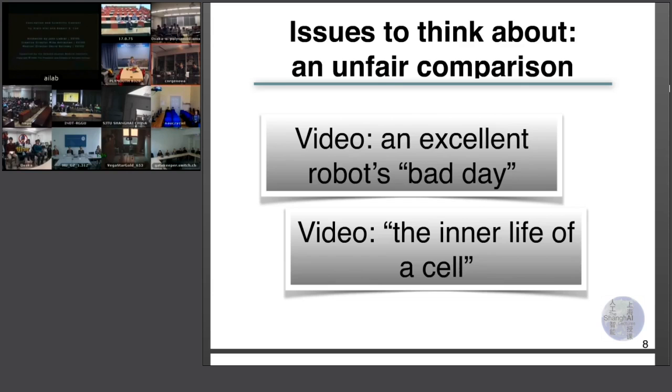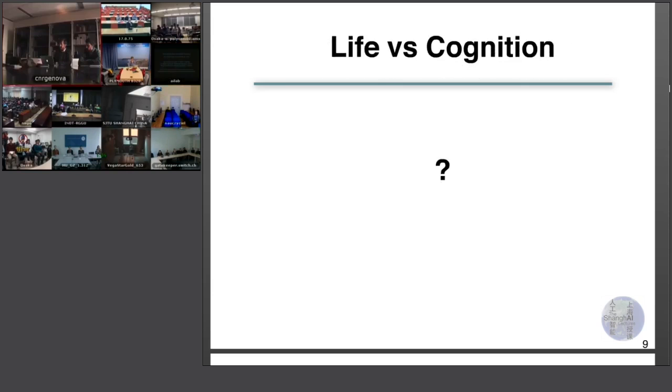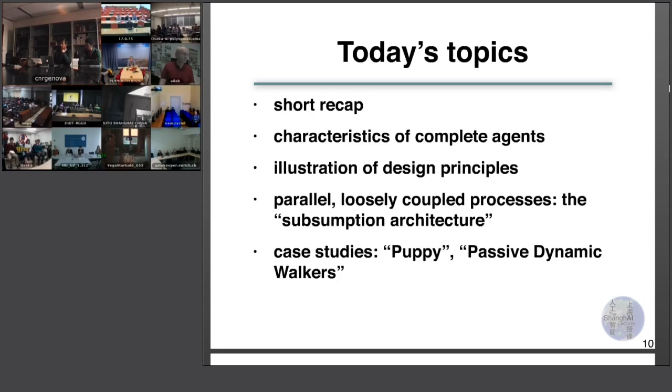So this is okay for this. A big issue, for instance, and we may have a student's presentation or an open discussion of this, is that to have cognition, I first need life. We don't know, right?